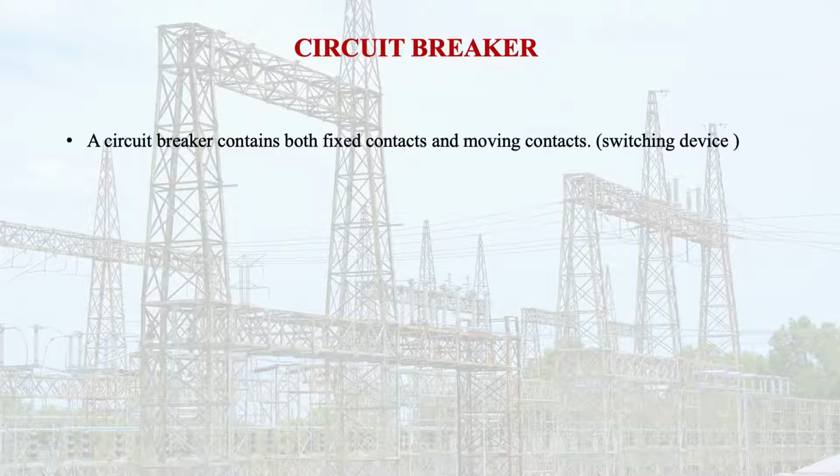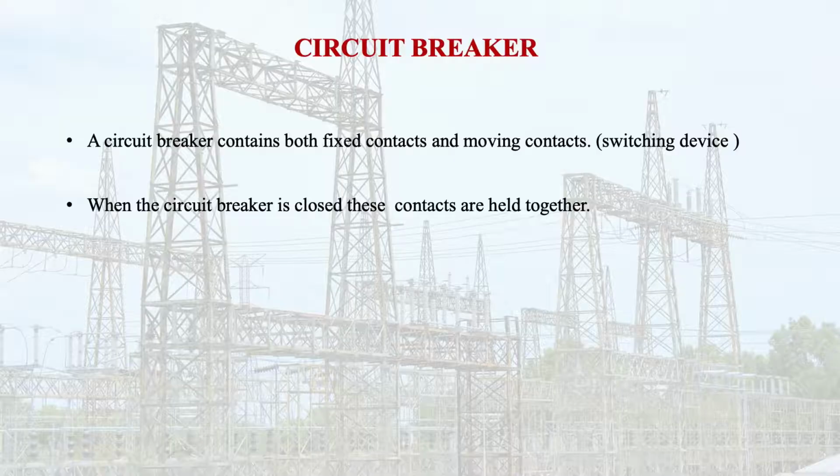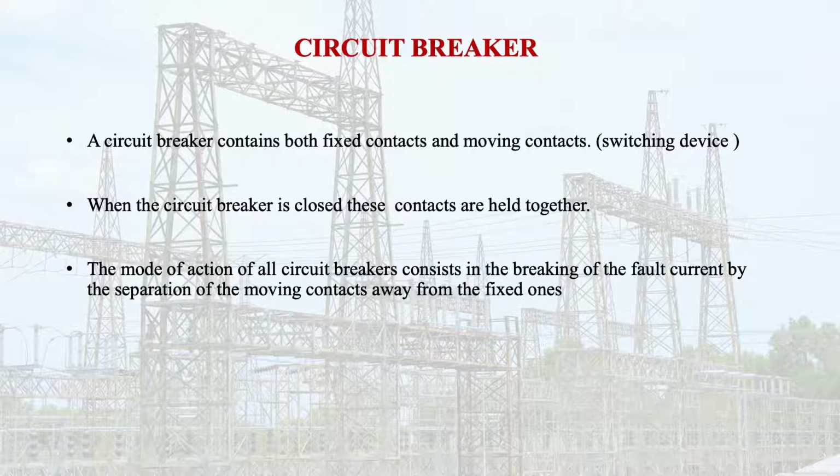A circuit breaker contains both fixed contacts and a moving contact. That means when the switching action takes place, it requires two contacts: one is a moving contact and one is a fixed contact. When the circuit breaker is closed, these contacts are held together. The mode of action of all circuit breakers consists in the breaking of fault current by the separation of the moving contacts away from the fixed one.